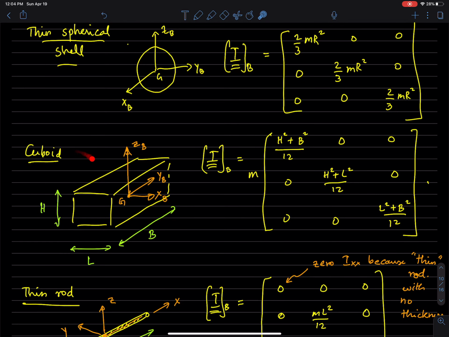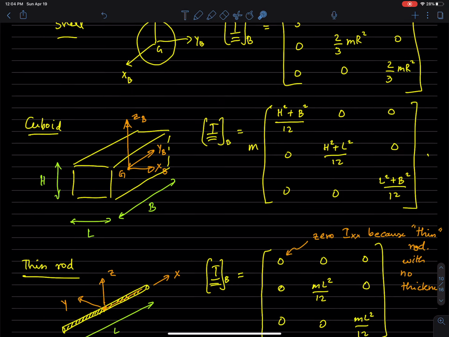If you have a cuboid with these as the axes of the body fixed frame, and then L, B, and H as the length dimensions, then it's a diagonal matrix again with diagonals being like this.